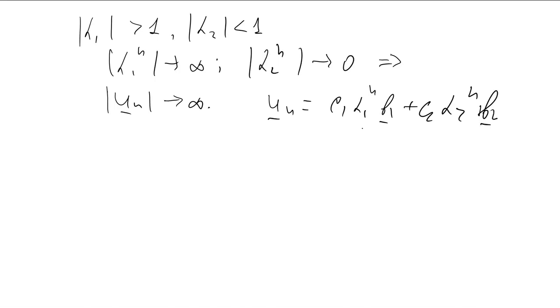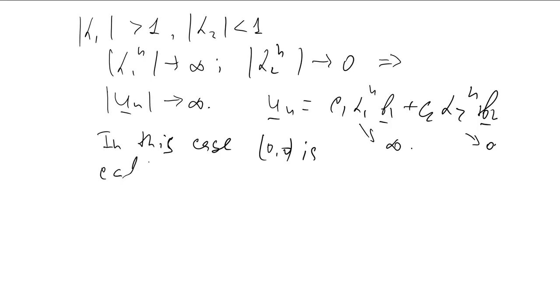So this tends to infinity and this tends to 0, and therefore un will tend to infinity. And in this case, 0, 0 is called a saddle point.